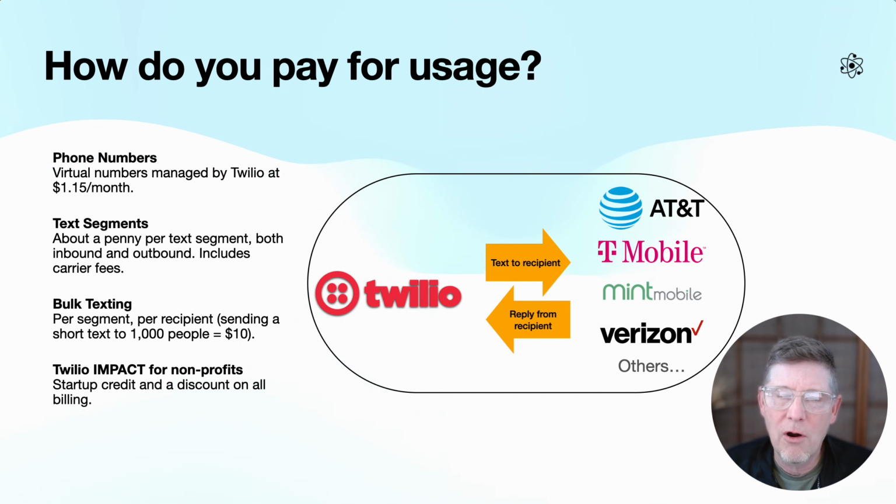So what you're paying for are the phone numbers, the text segments, and with bulk texting, it's the same as individual texting except multiplied by the number of recipients. So you're paying per text segment, that's up to 160 characters, per recipient. So let's say you're sending a short text under 160 characters, so one segment, to 1,000 people. So 1 times 1,000 is 1,000 pennies or $10.